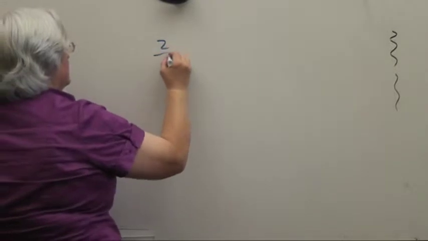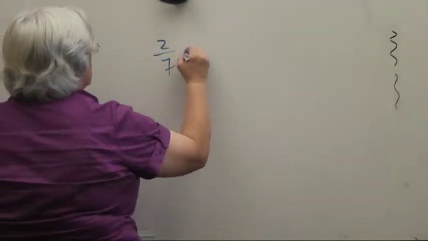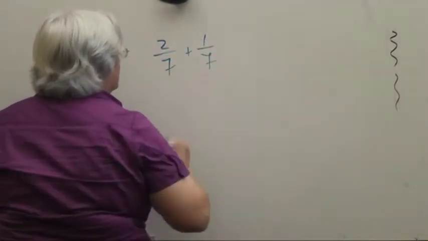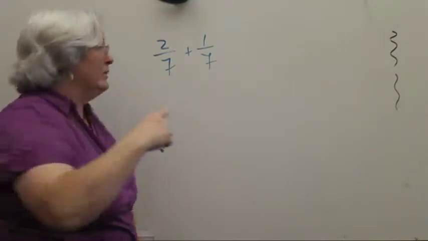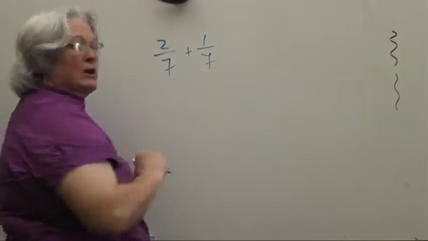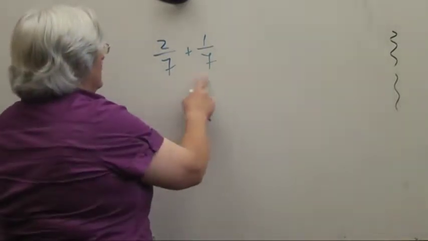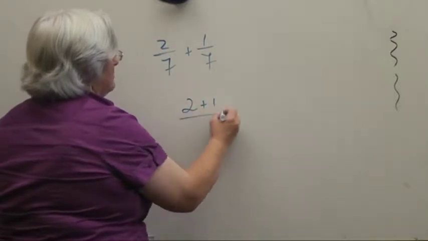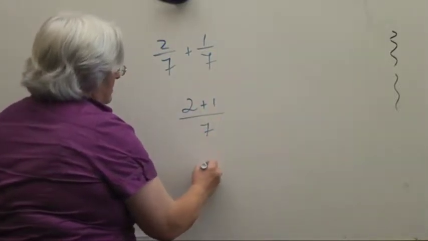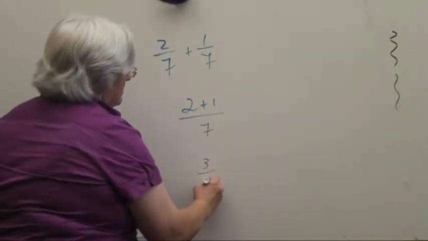So just a little bit more review. If you have 2 sevenths plus 1 seventh, how are you going to deal with that? Well, remember way back that when you're adding or subtracting fractions, the denominators have to be the same. If the denominators are the same, you just add the numerators.